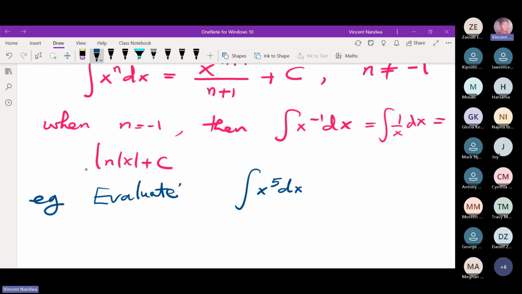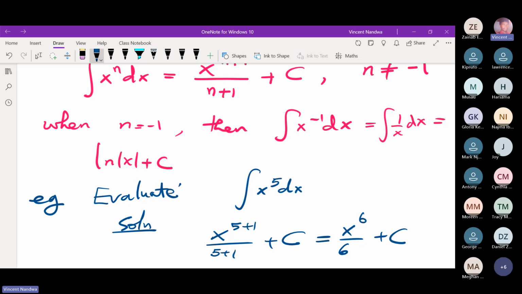Here, we'll simply have x power 5 plus 1 over 5 plus 1, then plus c. So this will reduce to x power 6 over 6 plus c. Correct.